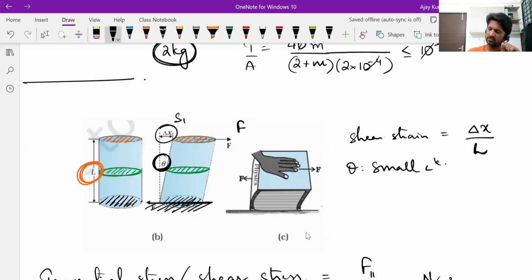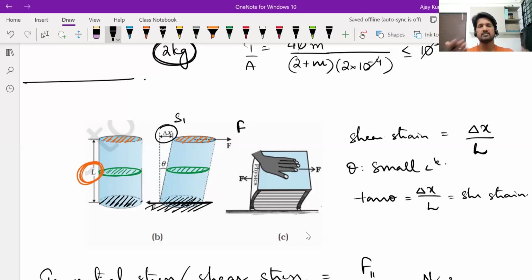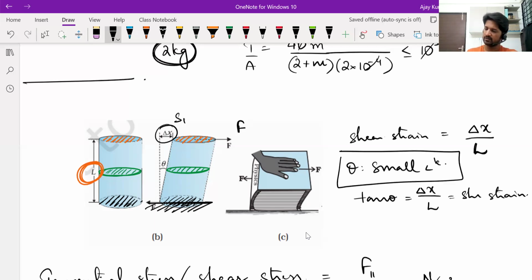Now in that diagram itself, you can see that tan theta is opposite, which is delta x, divided by adjacent, which is L. And delta x by L itself is the shear strain, by definition. So the angle by which the body deforms is the shear strain, tan of the angle. And because the angle is small, tan theta is approximately equal to theta itself.